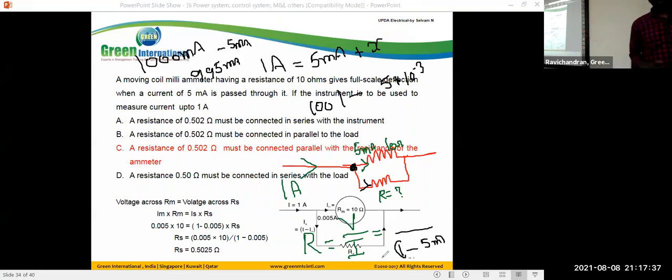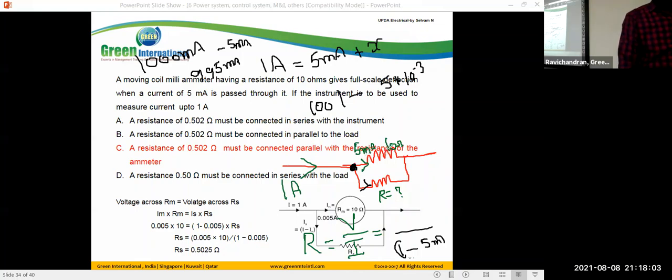Correct? Okay. Now we need to find the voltage across the resistance. How much voltage across the resistance? Now we go to the parallel circuit. In the parallel circuit, the voltage is the same. This R and this 10 ohm are connected in parallel combination. Here 10 ohm, here 5 milliamps current.